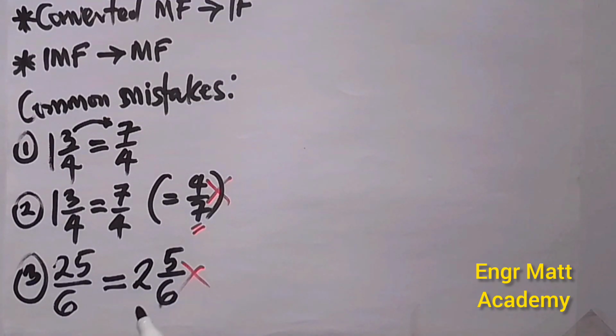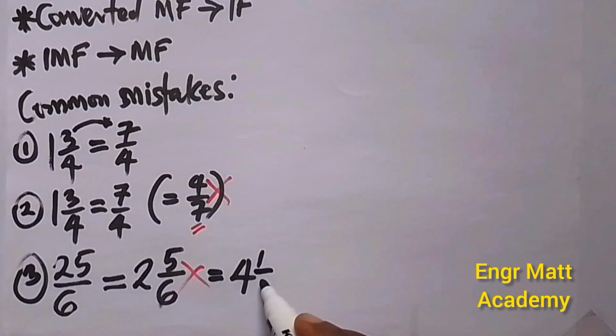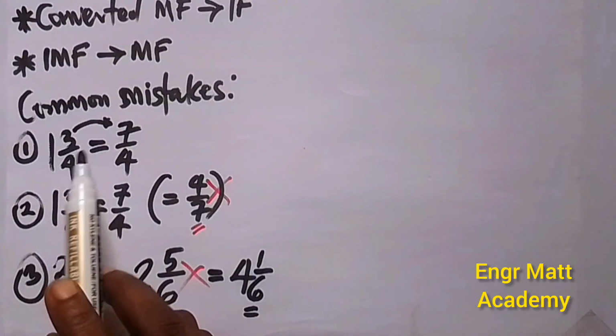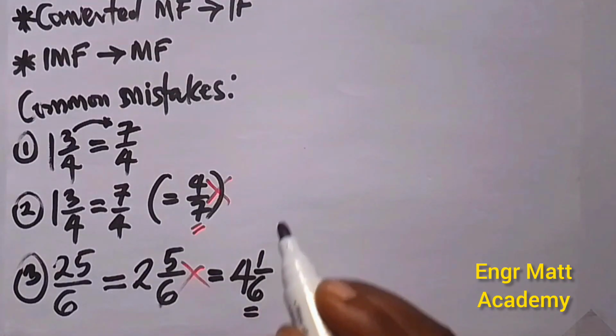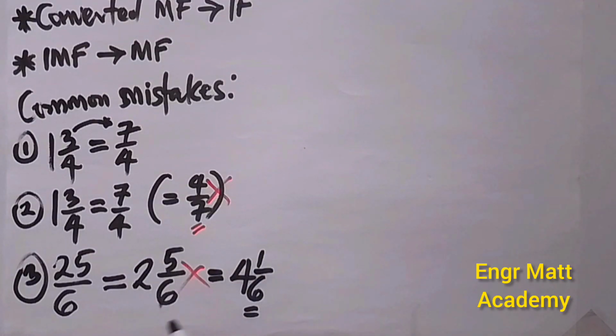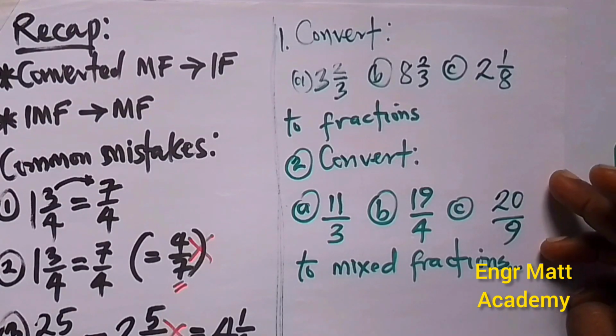Remember, we need to divide. 25 divided by 6 will give us 4. 4 whole number, and that is 24. We have 1 remaining, and that gives us 1 over 6. If you watch out for these errors, you will avoid many mistakes that will cost you valuable marks in your exams. Alright, here are your practice questions.